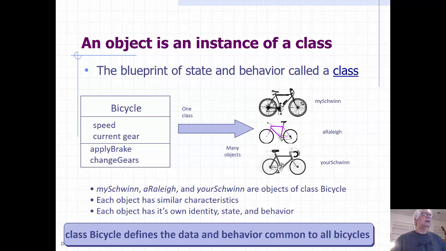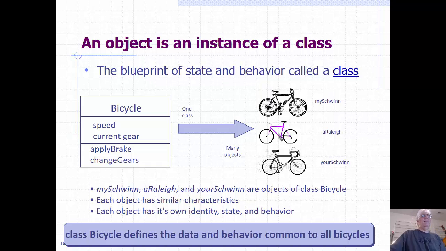So here, let's again consider our bicycle class. We have one class, but using this blueprint, this template, if you will, this blueprint of data, this blueprint of state and behavior, we can have instances of it, and we can model as many bicycles as we want.